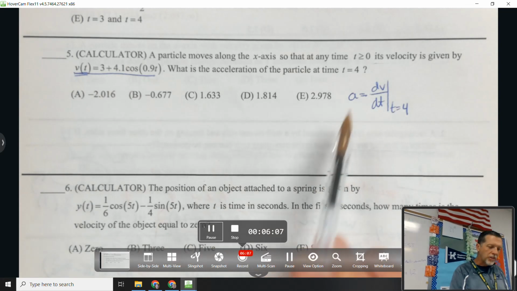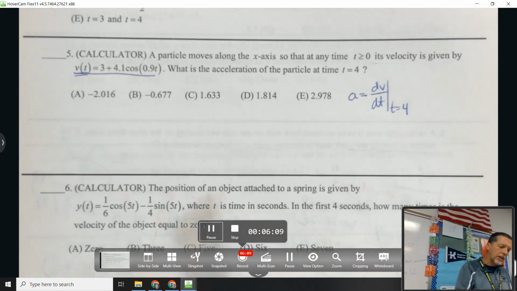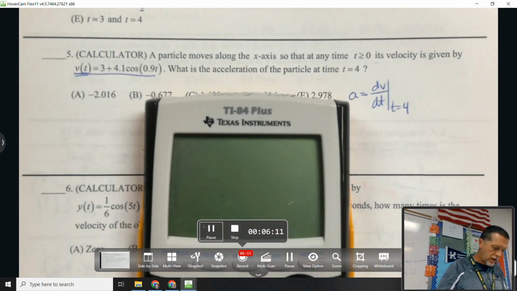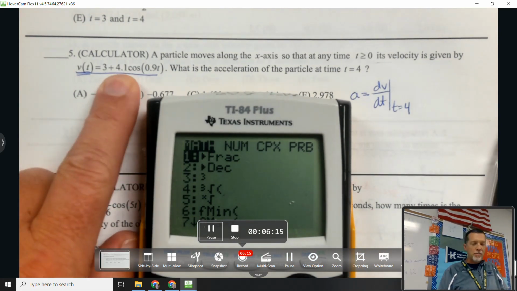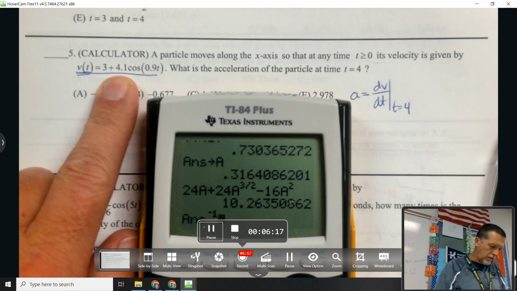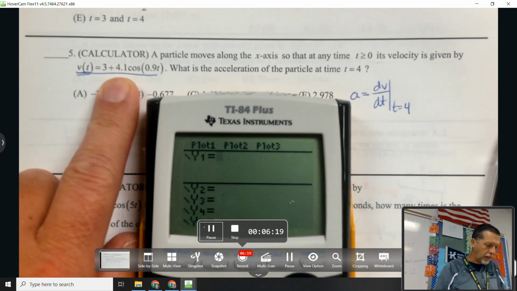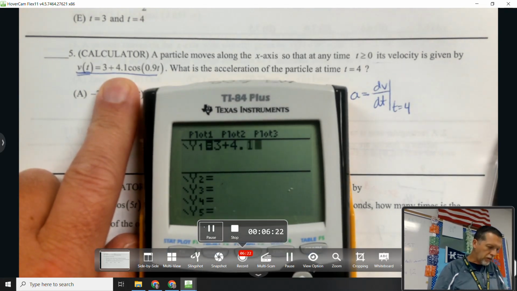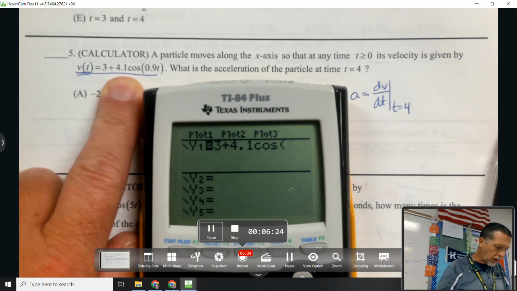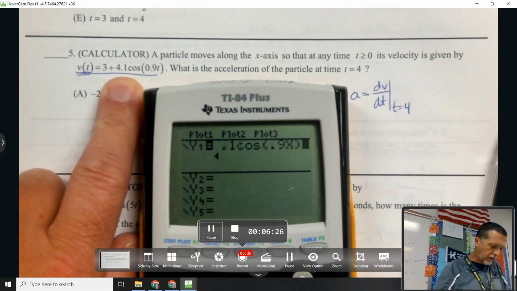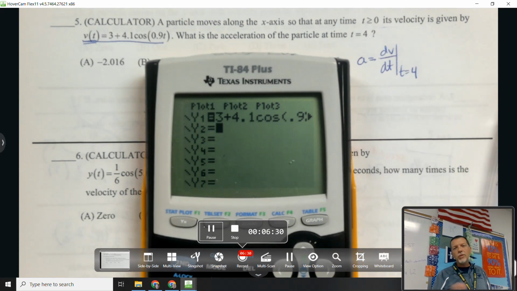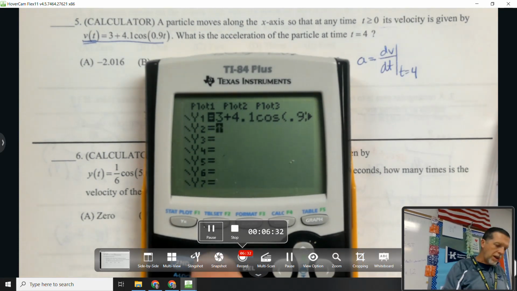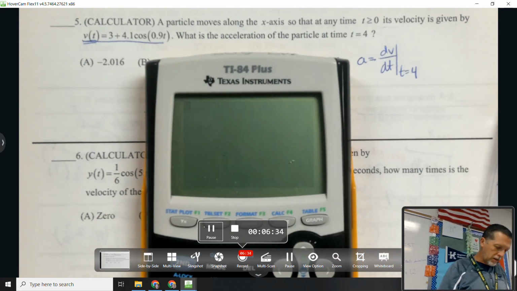Write out some stuff and then go to your calculator. Let's see. That one's not awful. Like, I could do that by hand, but why bother? I've got the calculator. 3 plus 4.1 cosine 0.9x. And I can do this on the graph, or I can do it on the main screen. It doesn't really matter.